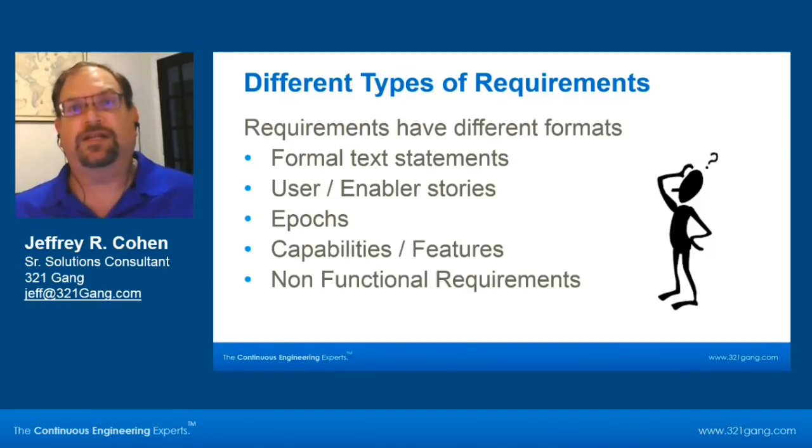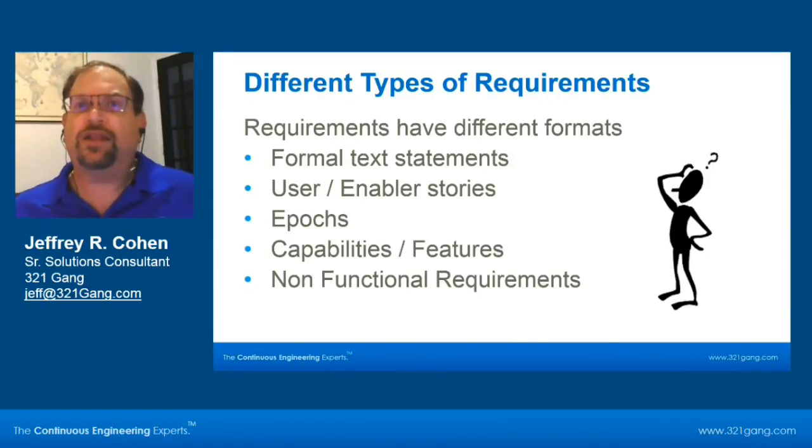An epic includes the hypothesis of what we expect the system to do and some outcome statements to say how we expect the system to behave, how we judge performance. It also includes a lean business case to justify why we're doing what we're doing.